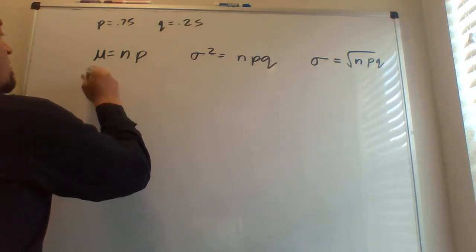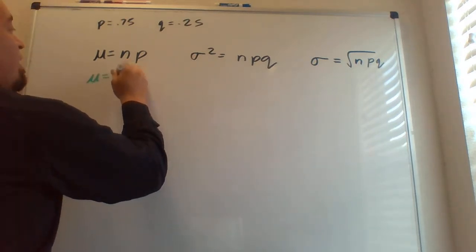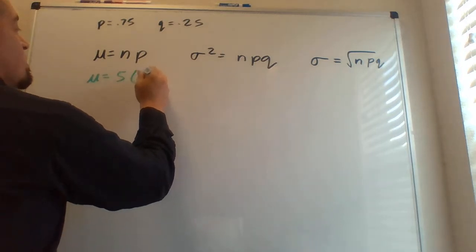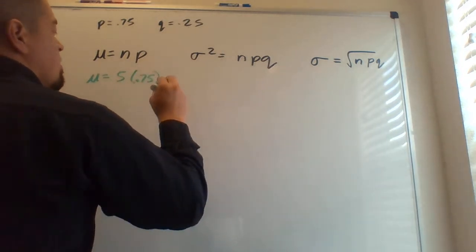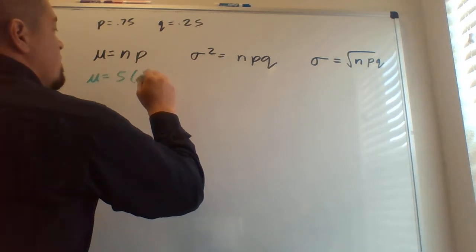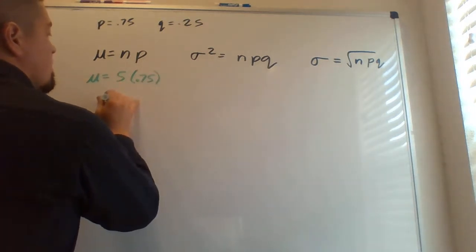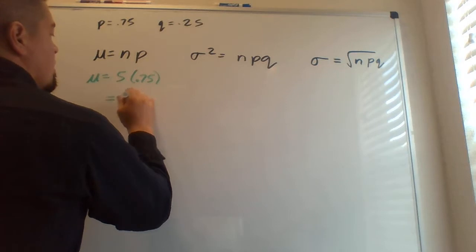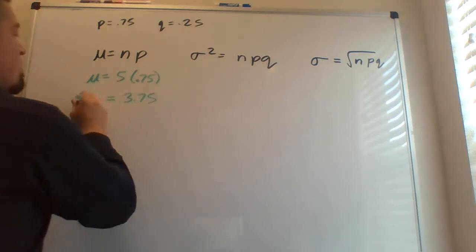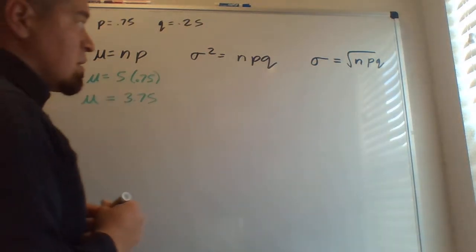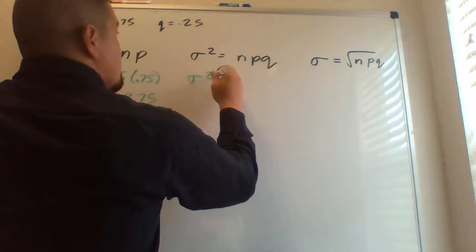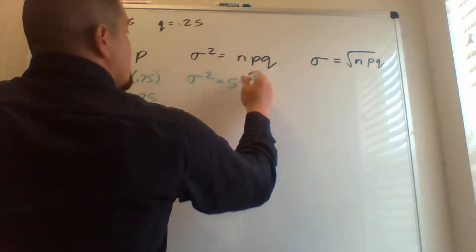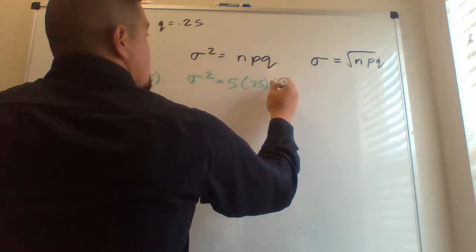So the mean would be 5 times 0.75, which would be 3.75, for our mean. And our variance would be n times p times q, so that's 5 times 0.75 times 0.25.